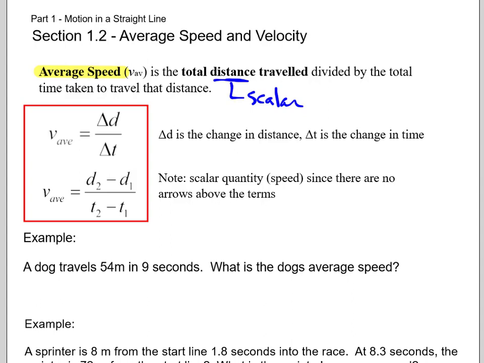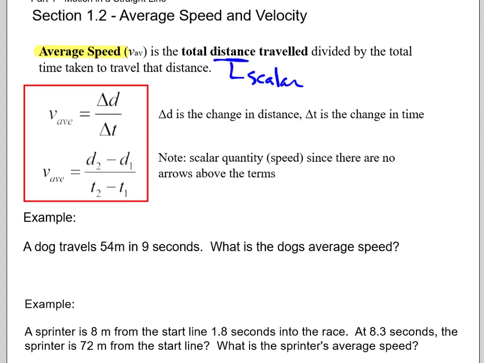Okay, so speed, or average speed, is going to end up being a scalar quantity. So if we scroll down here, and if you take a look at the formulas, you'll notice it's the change in distance over the change in time.